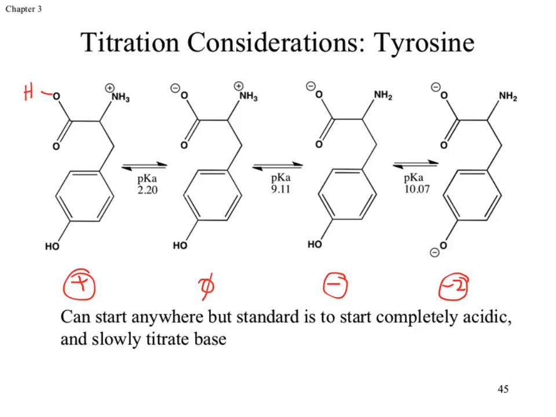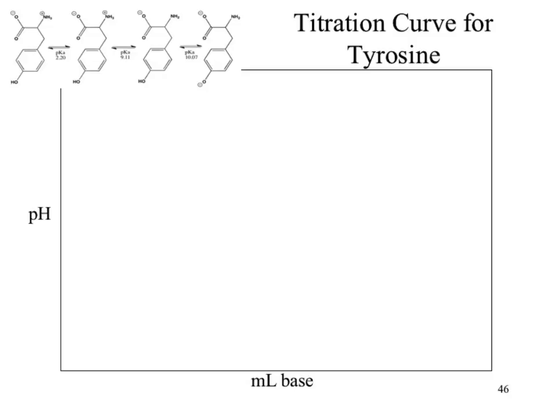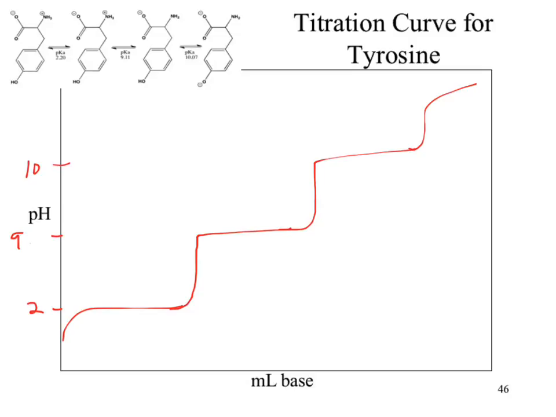Maybe it helps if we look at an actual titration curve. So if we were going to predict our titration curve for tyrosine, it's going to look pretty awful. That's 2. It spiked. This was 9. Don't trust scale. Really don't trust scale. 10. And then it spikes again because we're all out.